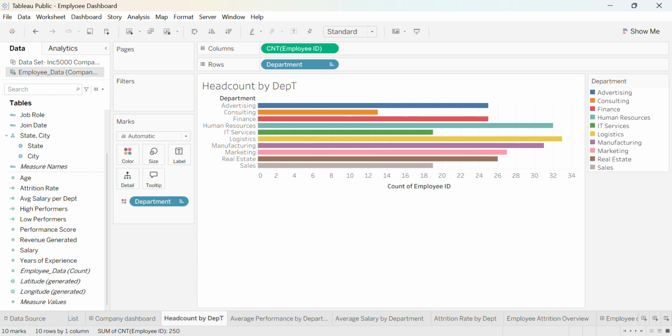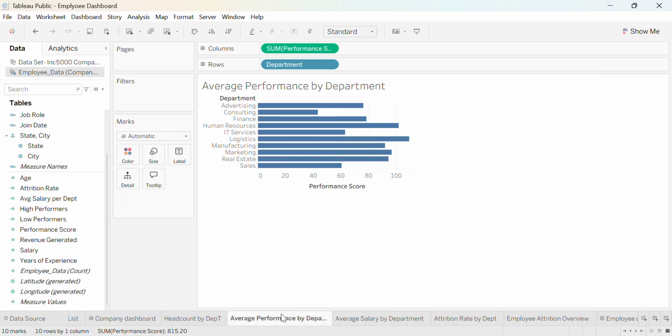Next, the second chart is average performance by department. This chart shows the average performance score out of 100 for each department. Logistics has the highest performance score, nearly 100 out of 100, and this means the logistics team is operating at peak efficiency.